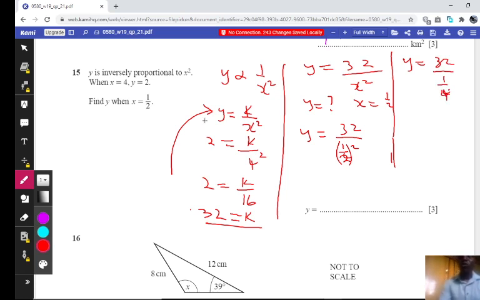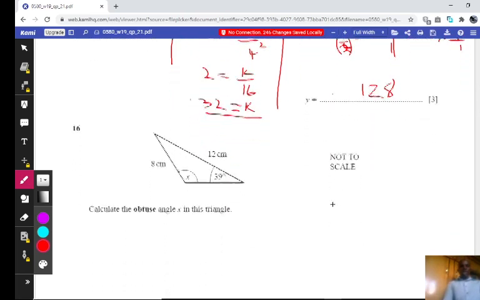Then this one looks confusing, so introduce another y equals, introduce this division, divided by 1/4, like this. So it will be 32, then you invert, introduce multiplication, invert. 32 times 4, what do you get? It will be 128. This will be your final answer. So your final answer in this case is supposed to be 128.